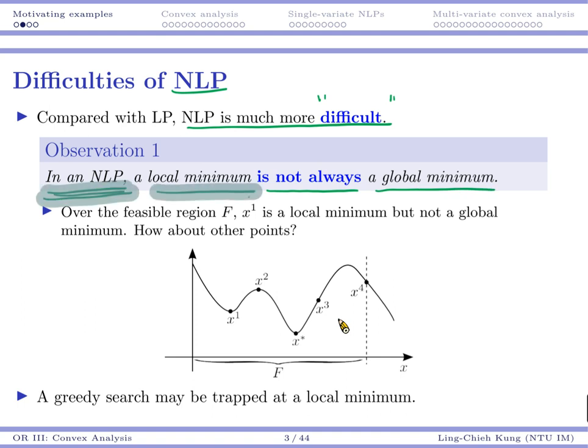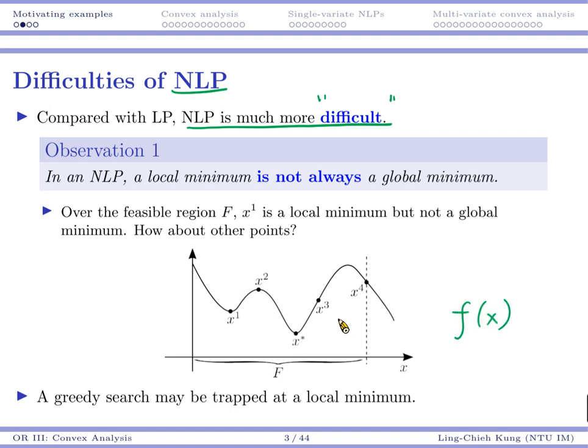Let's very quickly take a look at this figure. So let's say we have a single dimensional problem. Our f of x is this guy, okay? So this is our objective function. The only decision variable x is a real number. So the feasible region is here, capital F. And very quickly, we may see that there is an optimal solution, x star, alright?